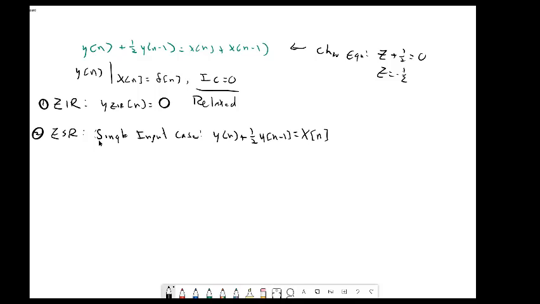And it's still true that the forced response is 0 because x of n equals 0 for n greater than 0. So we still won't incorporate a forced response.